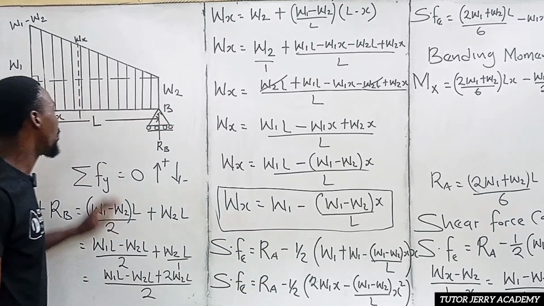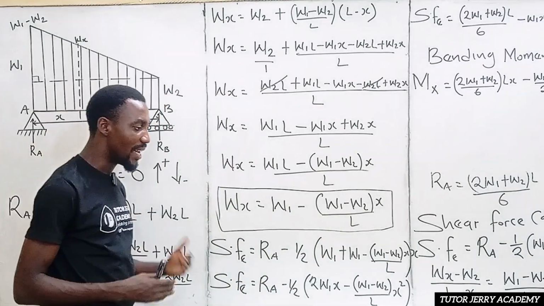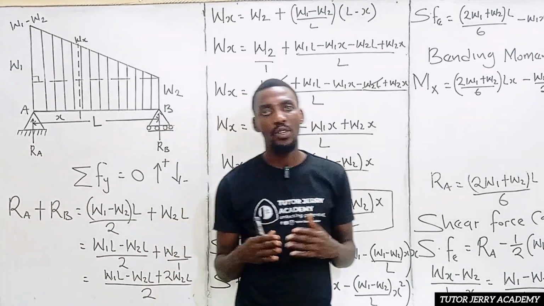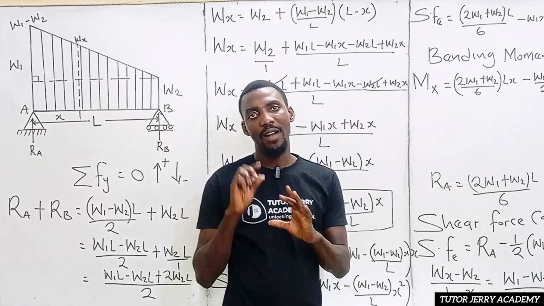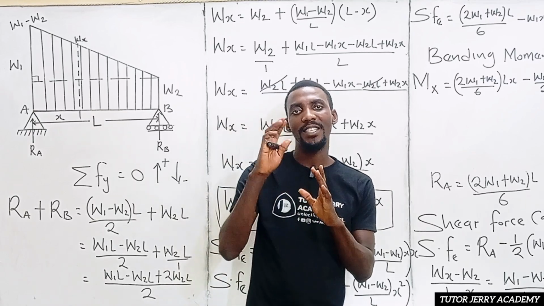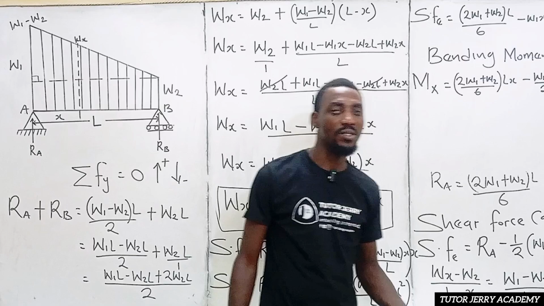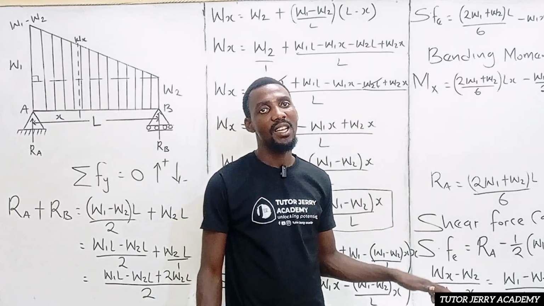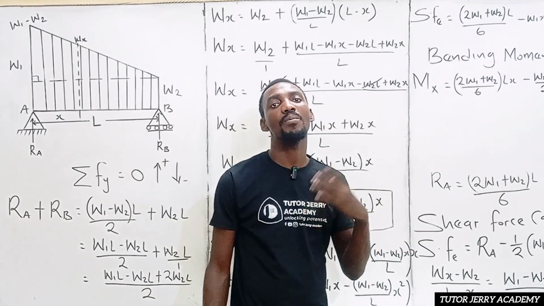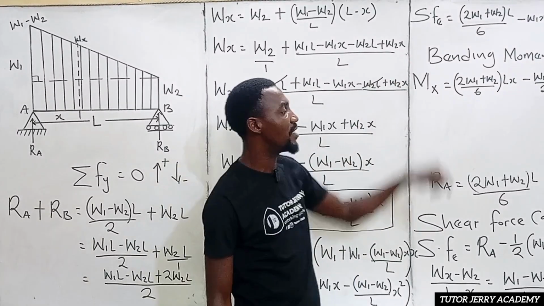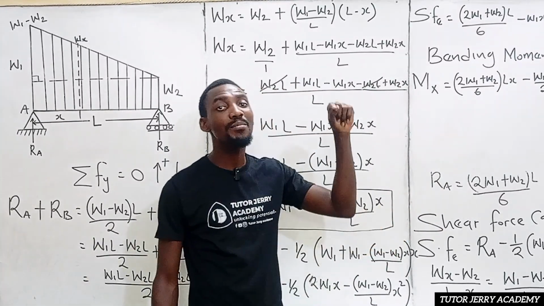From there again, recall that at any point where our shear force equation is equal to 0, we are going to have the maximum bending moment. So we equate this shear force equation to 0 and get the value of S at which it is equal to 0. When we substitute that value of S in our bending moment equation, we get the maximum bending moment.